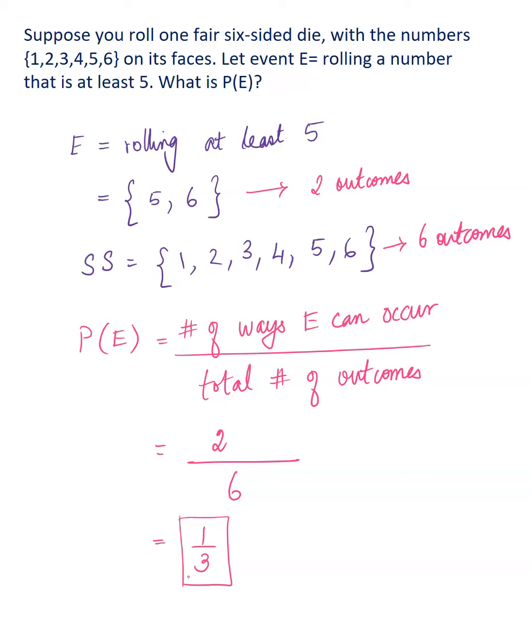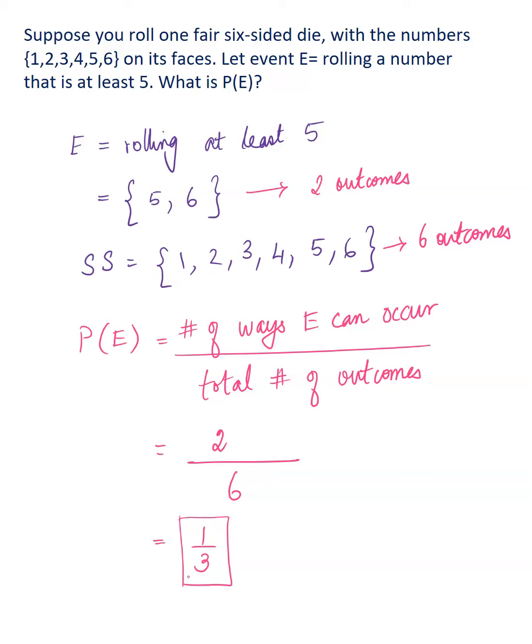Now, what we want to understand here is that what we found, 1 over 3, is a theoretical probability. That means in the long run, you will expect, meaning if you repeated this experiment over and over again several times, then you can expect your probability to match with this. So if you were to roll the die only a few times, you'd not be surprised if your observed results did not match this probability.